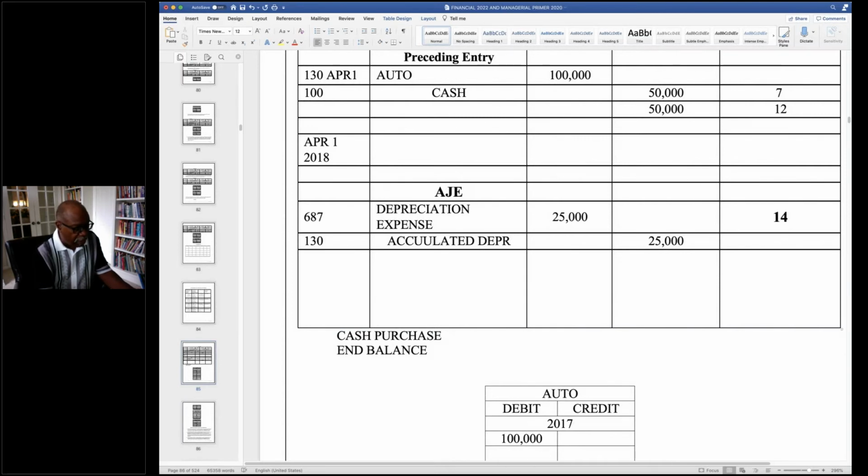We'd have auto in here on the balance sheet, 100,000. Then we'd have the less accumulated depreciation, credited at 25,000.